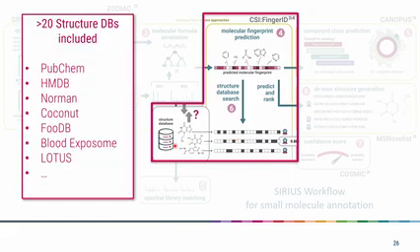SIRIUS comes with more than 20 built-in structure databases. For example, PubChem, but also databases like HMDB, Norman, FooDB, Lotus, and many more. These are built in, they are on our servers, and if you do the search, you will request the candidates, score them in your computer, and see the results. So you don't have to do anything here, no database import, no nothing, just start.